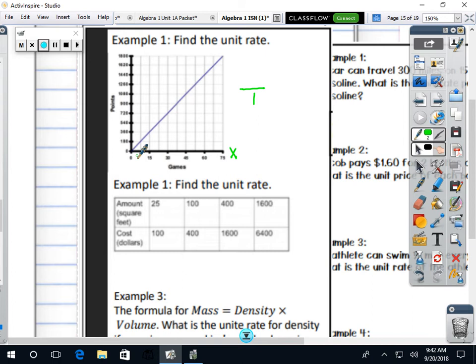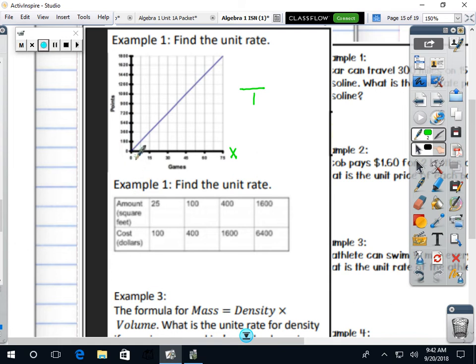Well, if you go on this graph, can you find 1 easily? Can you find 1 easily on the x-axis? No, because it goes from 0 to 15, so 1 would be like way back here. It's going to be kind of hard to figure out the y value of that, correct?